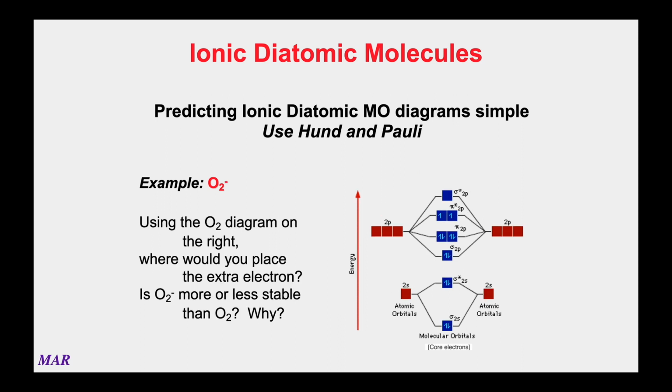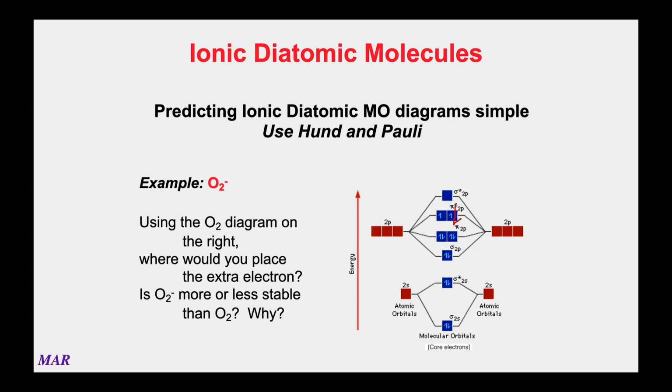If you wanted to make O2 minus, you'd start with neutral O2, and the picture right there is of neutral O2. It's got the pi star 2p. And the question is here, where would you place the extra electron? Well, the extra electron will go in what's called the lowest unoccupied molecular orbital, the LUMO. The LUMO here would be a pi star 2p. You could pair up one of the electrons, either left or right, it doesn't matter.